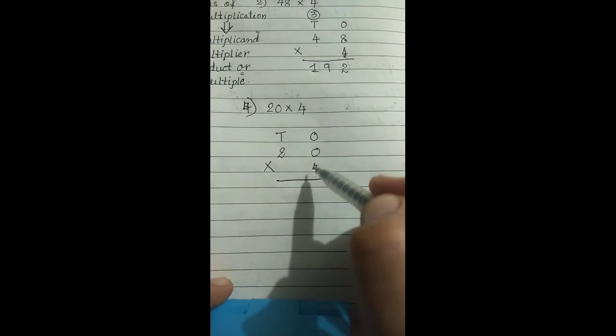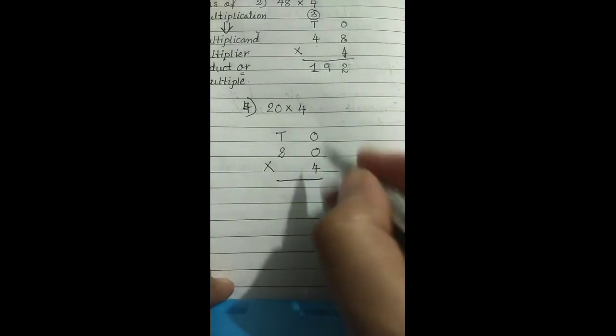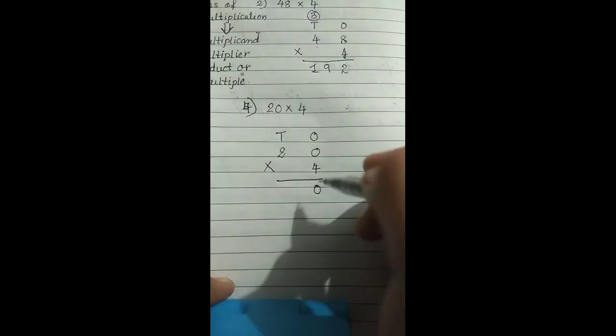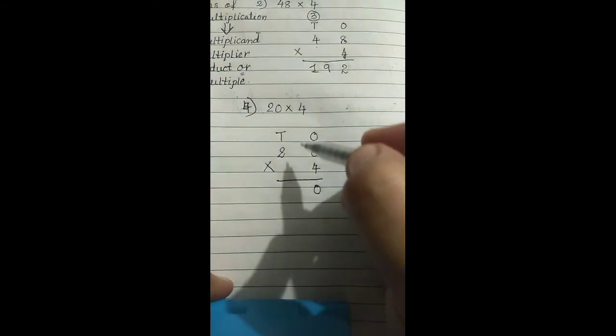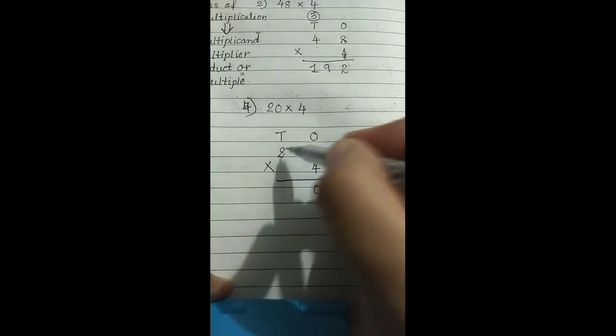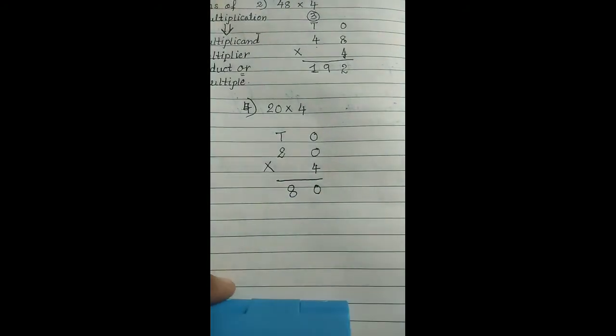We have to multiply 0 with 4, right students? So 0 4s are again 0, because the product of 4 and 0 is always 0. Okay, now in the second step we have to multiply 4 with tens digit. Okay, so there is 2, so 4 2s are 8, and our answer is 80.